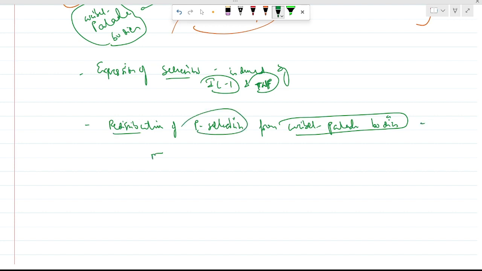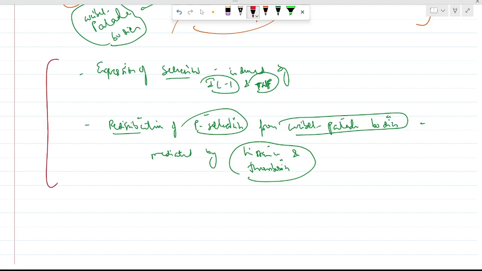This is mediated by, remember, histamine and thromboxane. Histamine and thromboxane help in the redistribution of P-selectins by the Weibel-Palade bodies.